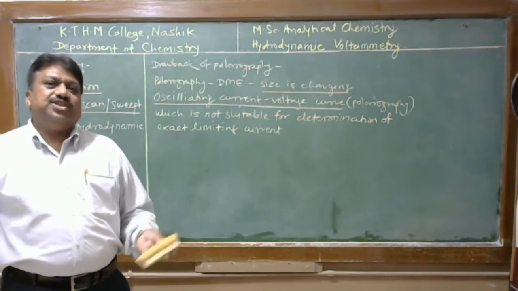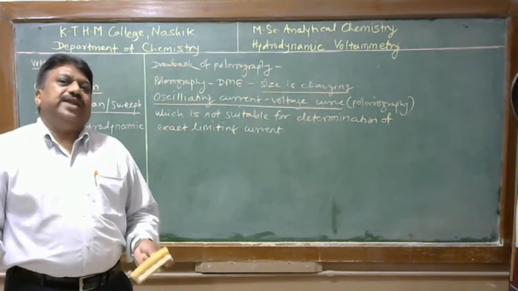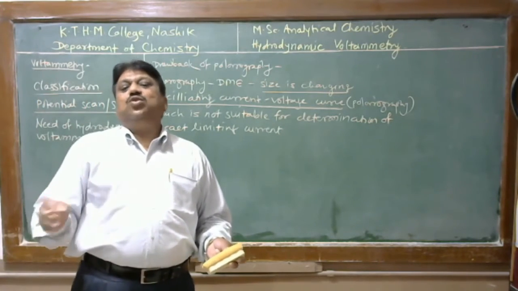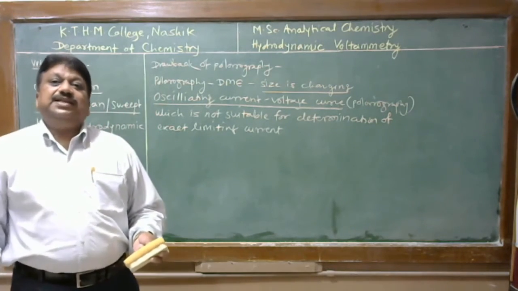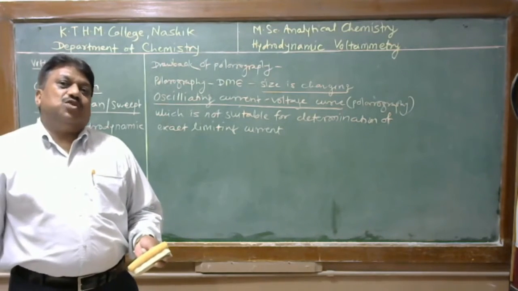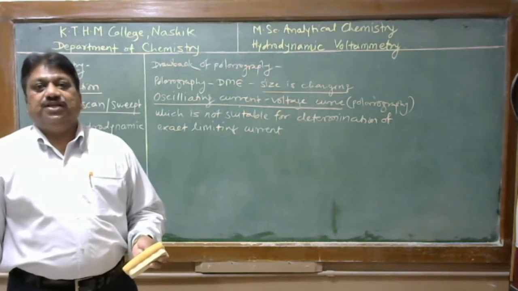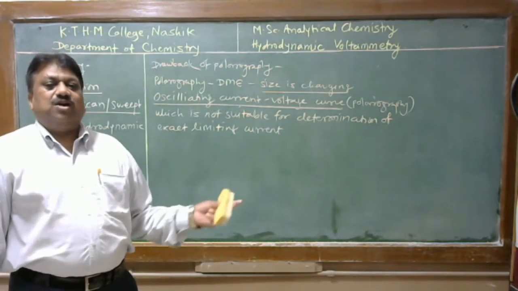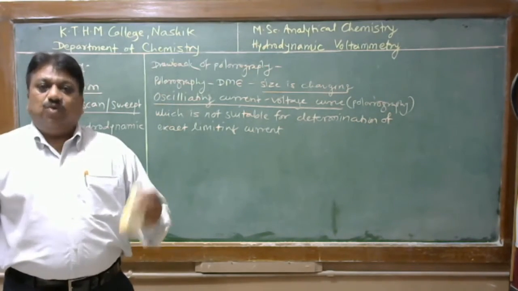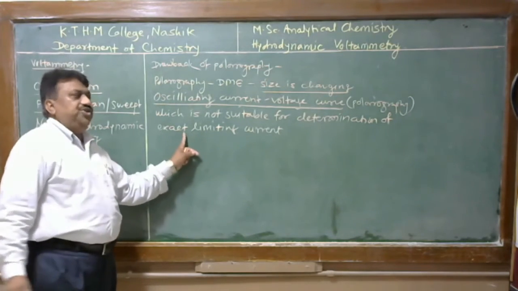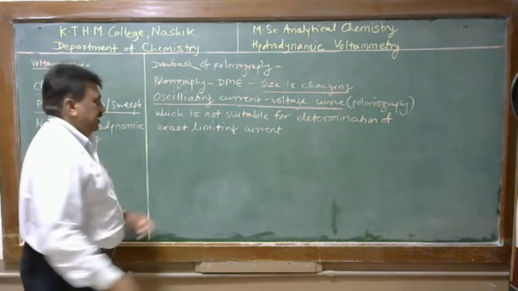As it reaches the maximum, the rate of reaction is maximum. Therefore, the rate of reaction is not only controlled by the diffusion process, but by the size of the mercury drop, and therefore we have an oscillating polarograph, which is difficult for calculation of exact limiting current.